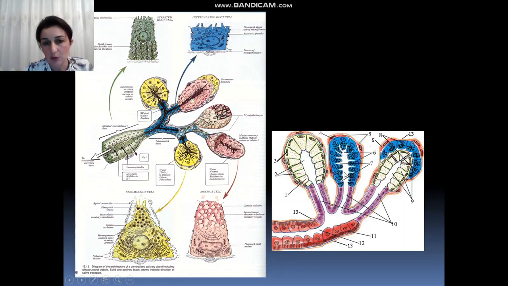If we look at the nucleus of the serous cell, pay attention, they are rounded. But in mucous cells, the nuclei have a flattened shape and are located at the basal region of the cell. In the apical region, we can see very large secretory vesicles that contain mucinogen.